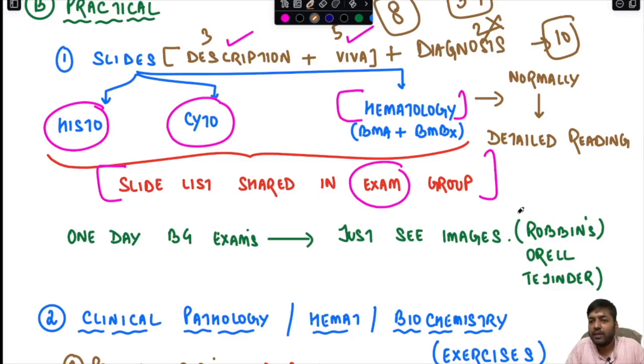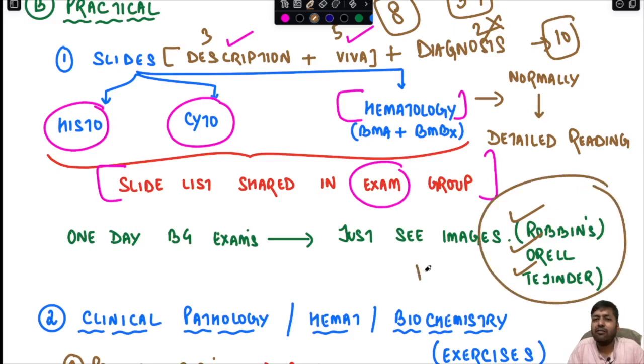For histopathology, Robbins; for cytopathology, orals; and for hematology pictures, just go through the Tejinder Singh atlas, but not the theory. Tejinder Singh theory is not good. Only the images are very good. So you just go through the images for the exam. Just going through the images will hardly take 1 hour or 1.5 hours maximum. Okay, so this is what you have to do. And the approach to the slide also comes from this. How?